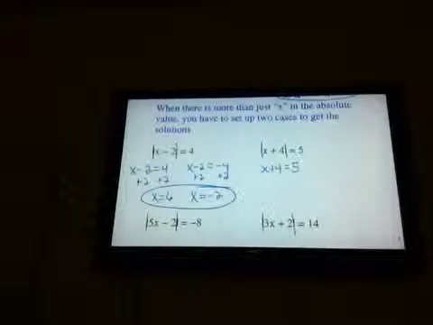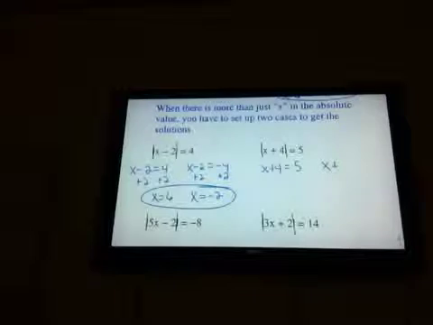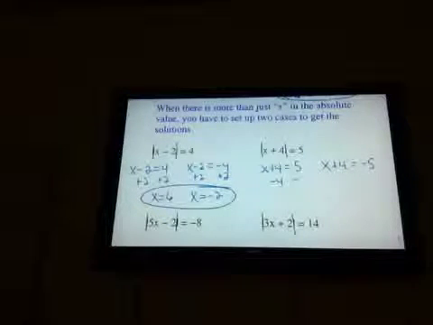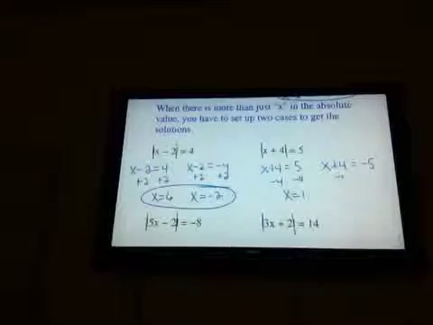And then for my other answer, I set it equal to negative 5. And then I solve each one of them. Subtract your 4, and x is 1, and subtract your 4, and x is negative 9.